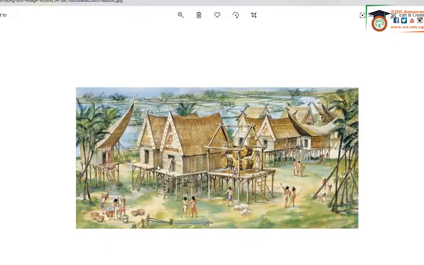Here, as you see, it's not a village anymore. It's more complex now.